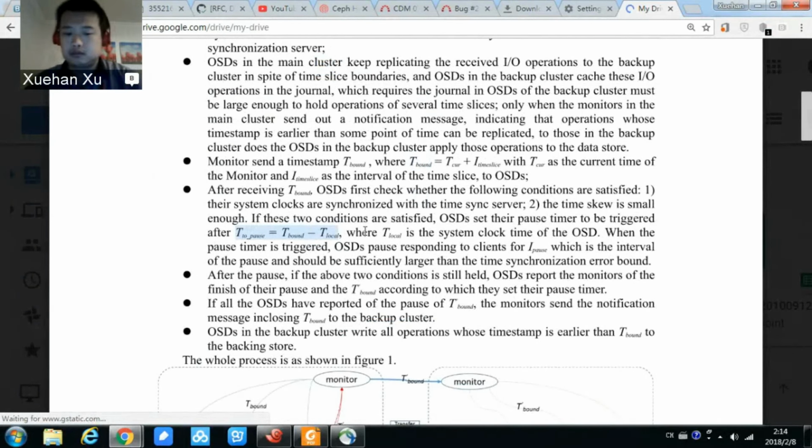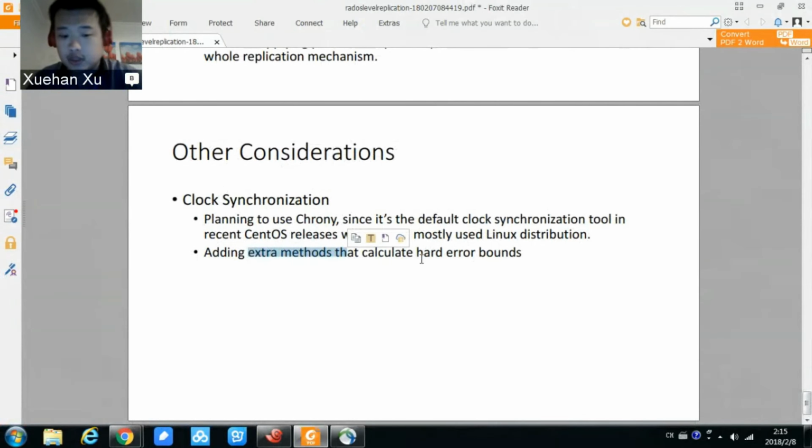Yes. That's why, in the last section, we're planning on adding extra methods to calculate the error bound to Chrony, which we intend to use as our time synchronization tool.